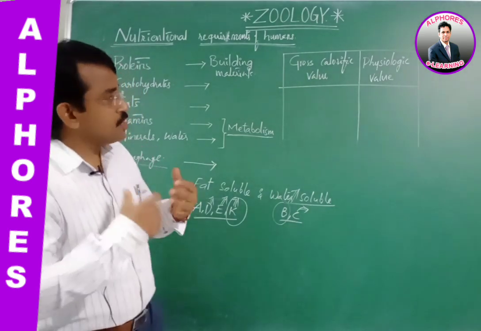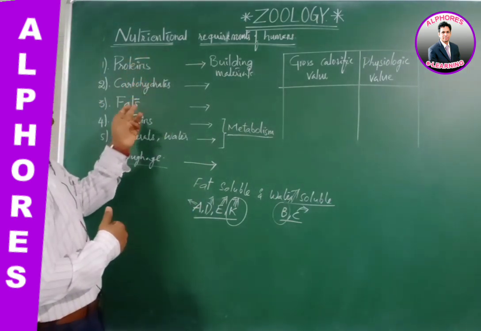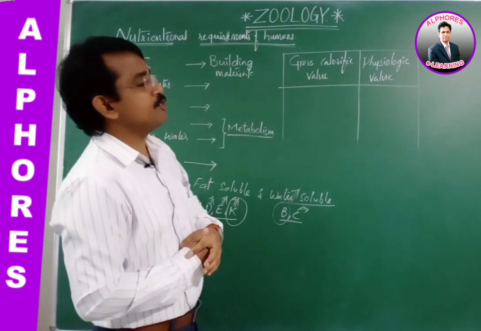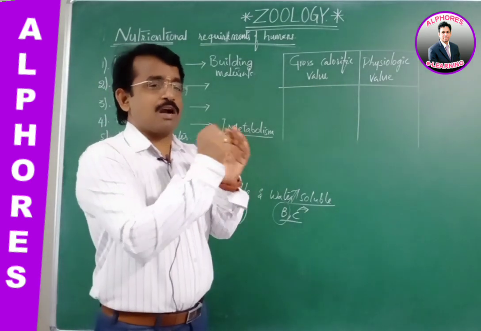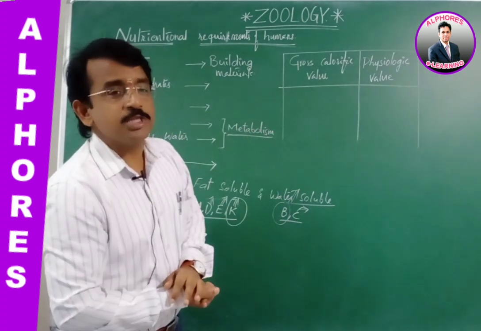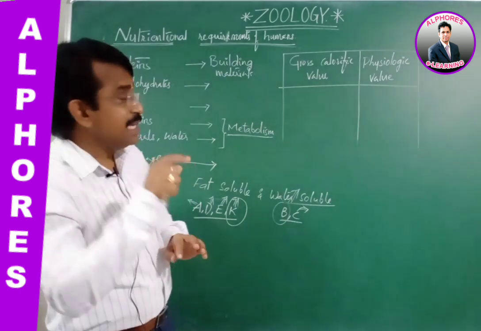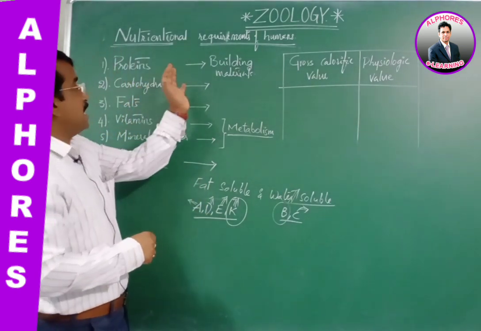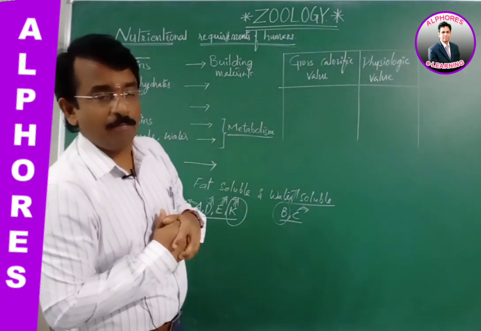The food substances, proteins, carbohydrates and fats, once they are combusted, release the energy. So the energy is extracted from the substances that we eat.